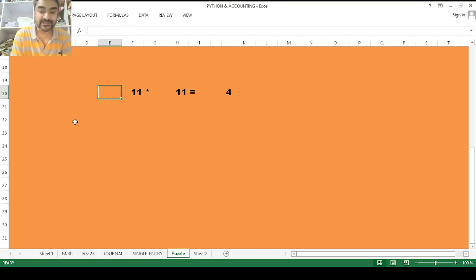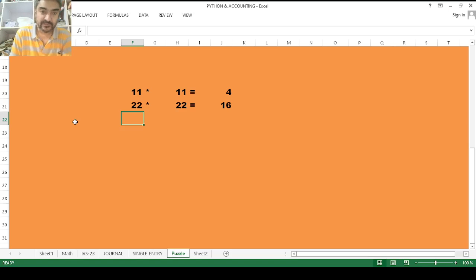Now let's write the complete puzzle first. The second equation was 22 multiplied by 22 equal to 16. It's not the case. If we do the math correctly, 22 multiplied by 22 is not 16.